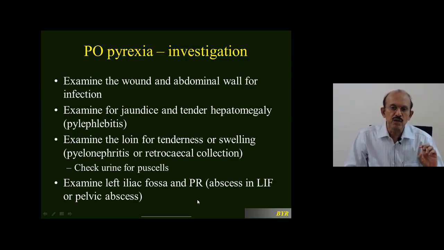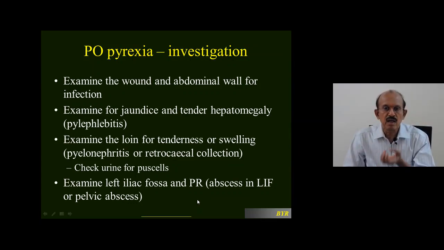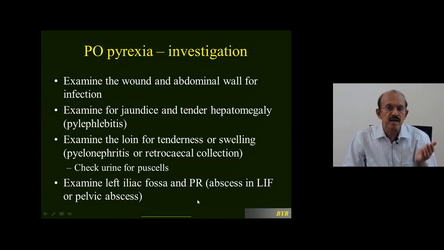If you fail to do that, this pus which is left behind may accumulate in the pelvis, causing pelvic abscess. It may accumulate in the paracolic gutter on the right side, producing right paracecal abscess. Or it may collect in the left iliac fossa and cause left iliac fossa abscess. So you have to check the left iliac fossa and do per rectal examination.